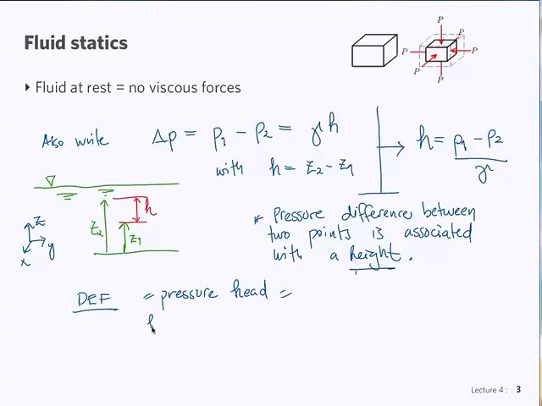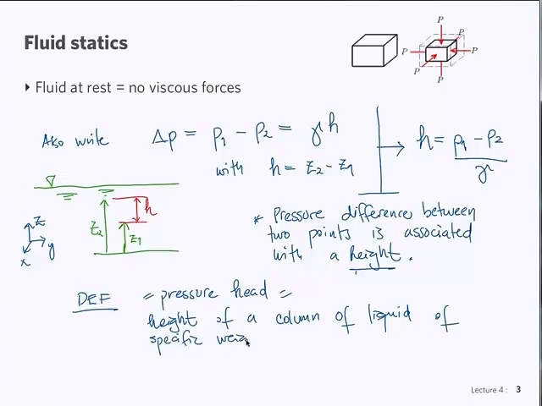And this is simply the height of a column of liquid of specific weight gamma, required to give a pressure difference delta P. So we will use this concept quite often in this class, and you'll see it often in the future as well.